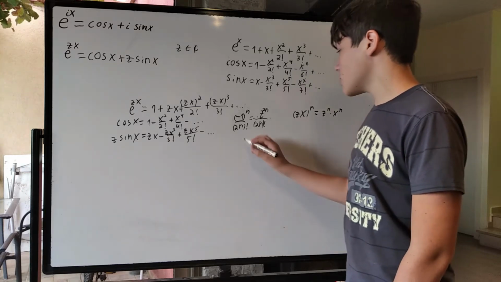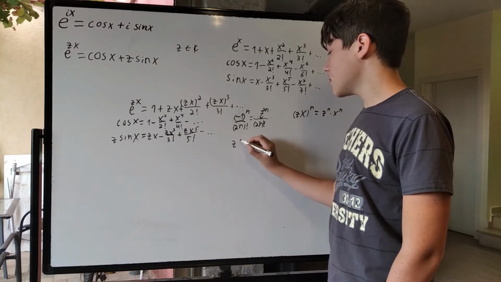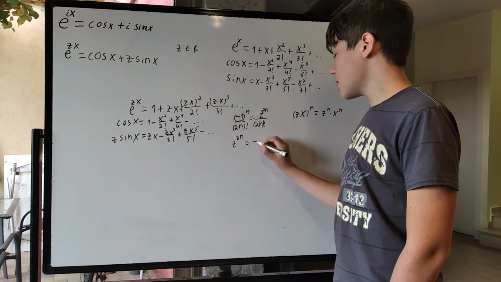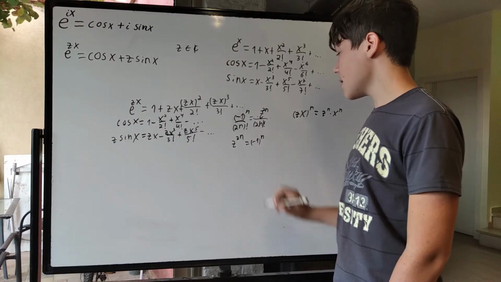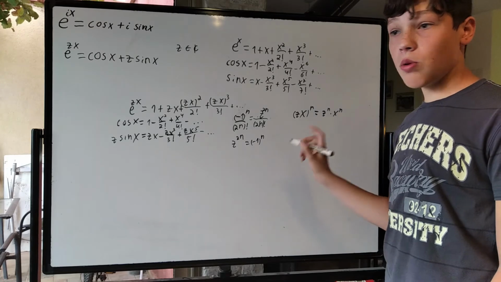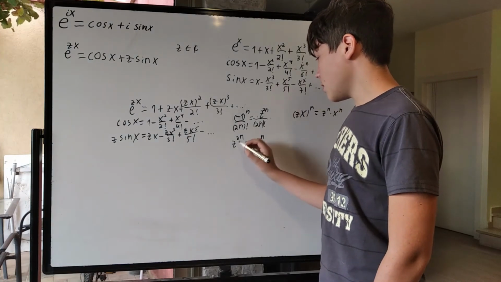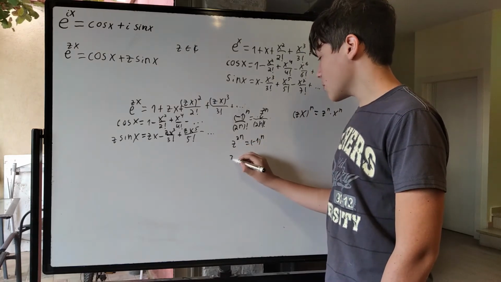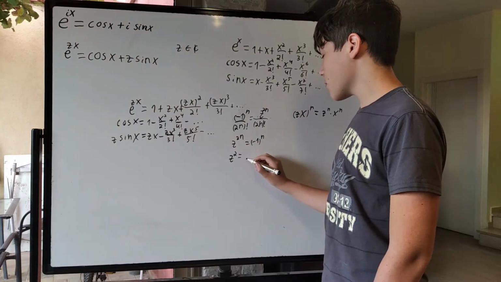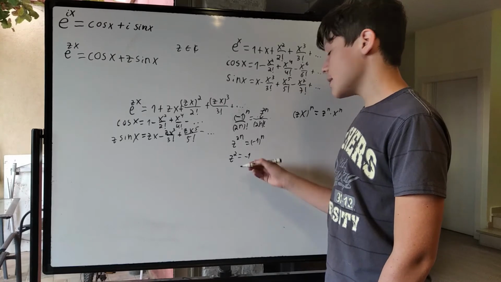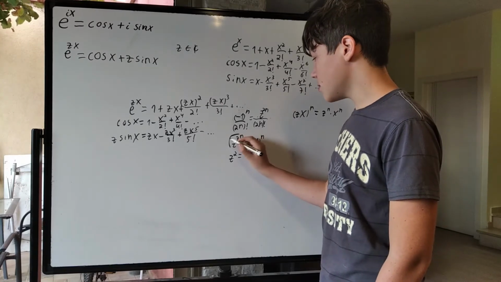Now we can multiply by 2n factorial to get z to the 2n is equal to negative 1 to the n. If this is equal for all n, then we can safely say that z to the power of 2 is negative 1, essentially by doing the nth root.